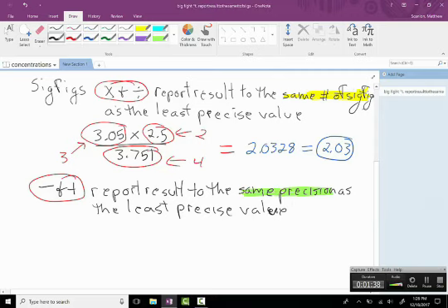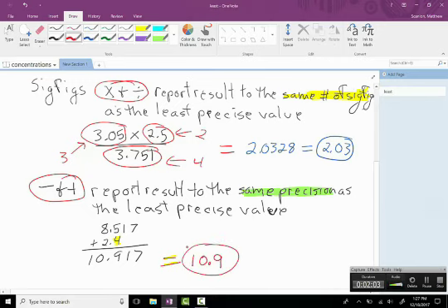So, for example, if I have 8.517 plus 2.4, my value is 10.917. What is the least precise? It is this digit, so I'll report my value to there. This becomes 10.9. Make sure you round correctly.